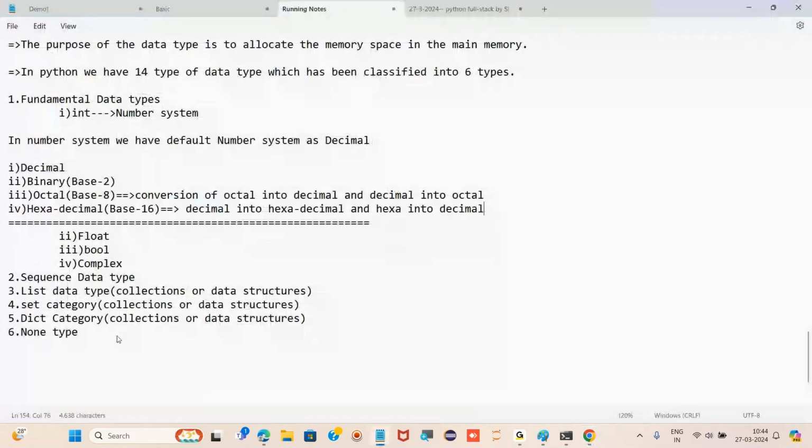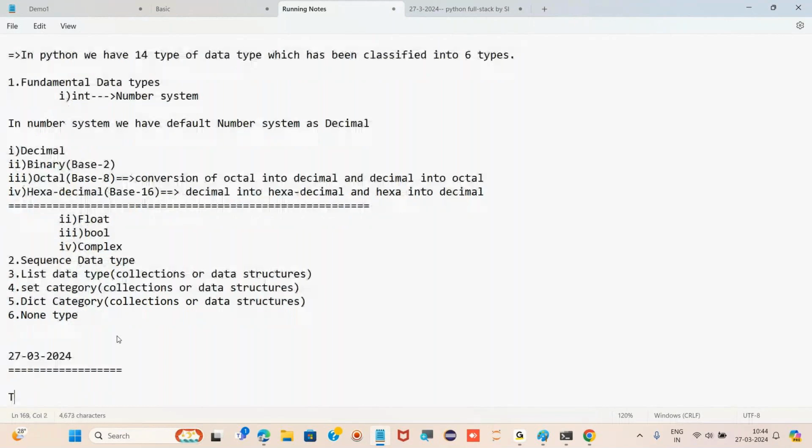So today what we have seen is the conversion of decimal into octal and octal into decimal.